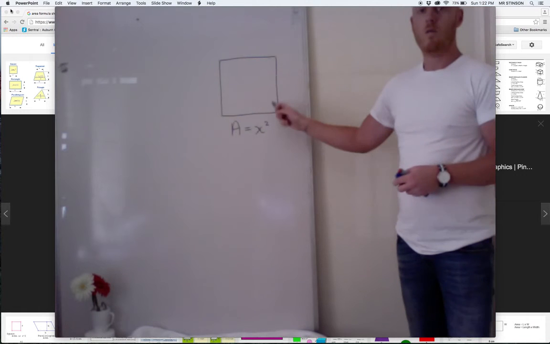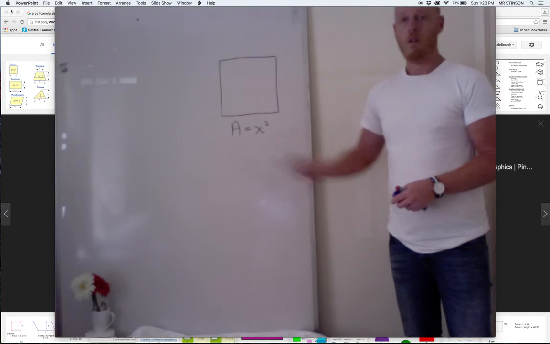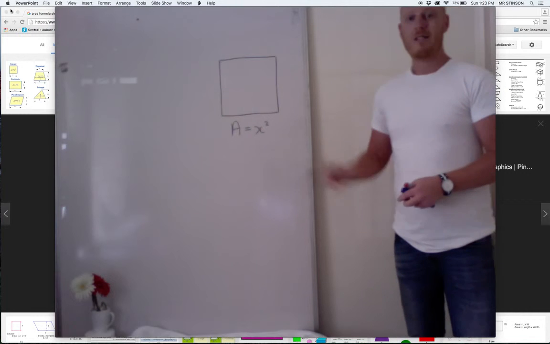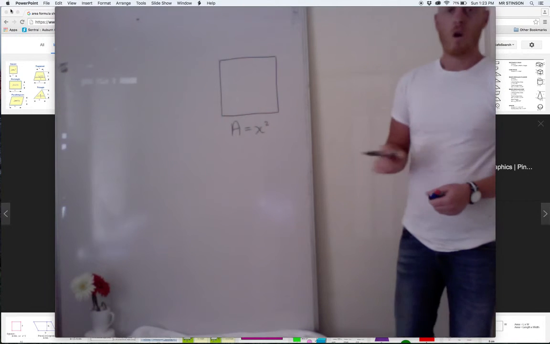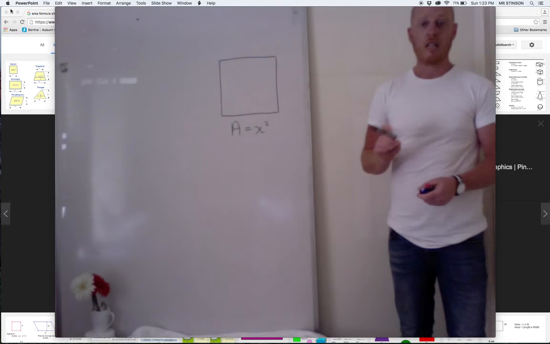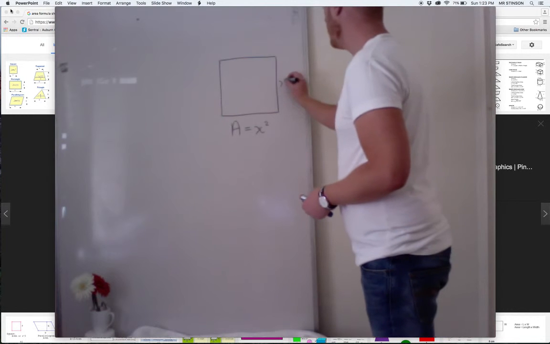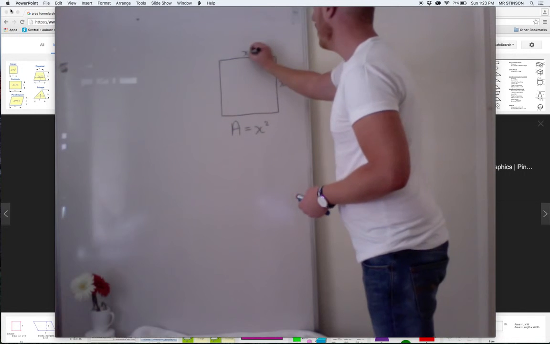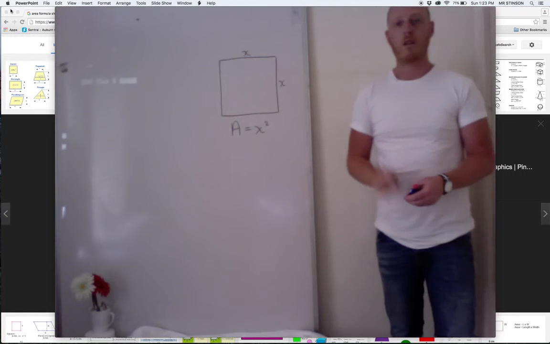Area equals x squared. A is the subject, x is a value. What does the value stand for? In the case of a square, x stands for the sides. That is the information you need. It is the information you are looking for.